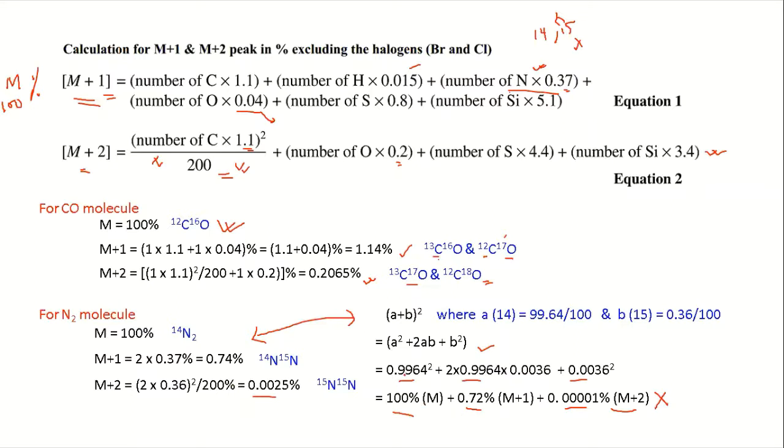You have little differences here, but you can go for both processes. What I'm telling is, if you don't have halogen, better to follow these two. And if you have halogen, then you can go for A plus B to the power n. So this is all about isotopic abundance and its application in mass spectrum.